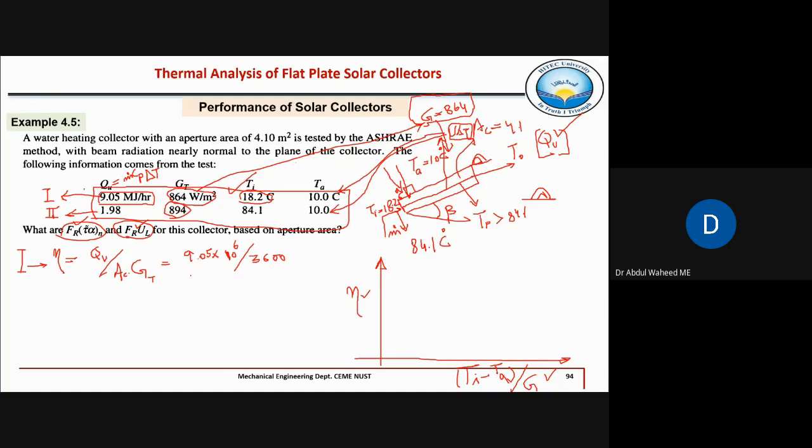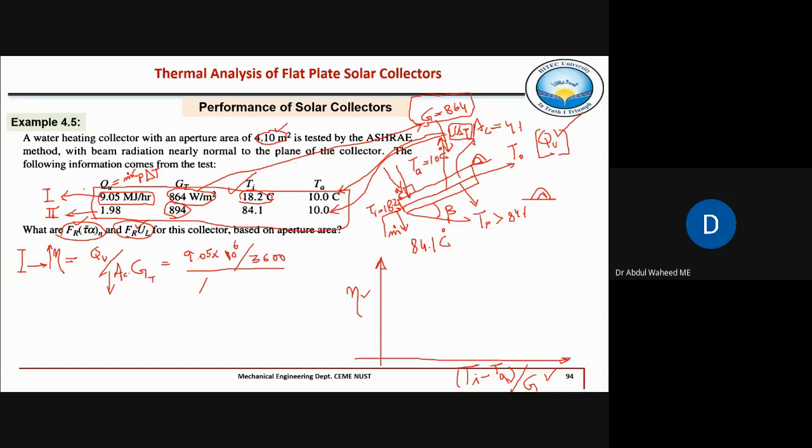Now we have to divide by area. Area is given here. It's not absorber area, here it is aperture area. You may divide it with absorber area, but you will get a different value of efficiency, because the absorber area will be less than the aperture area, so you will get a higher number for the efficiency.